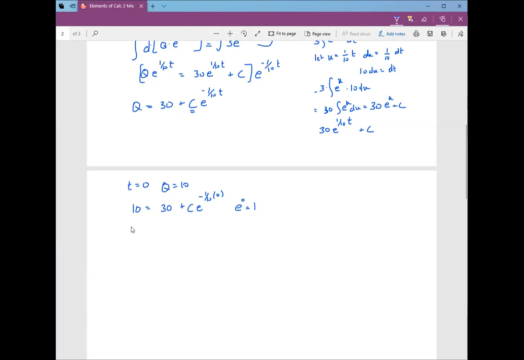So we have 10 is equal to 30 plus c, and I think you can go ahead and generate that c is equal to negative 20. So our final function here, to find the amount of salt at any time, is q equals 30 minus 20 e to the negative 1 over 10 t. And that is the function value that we have there.